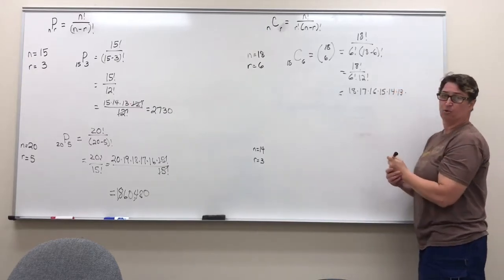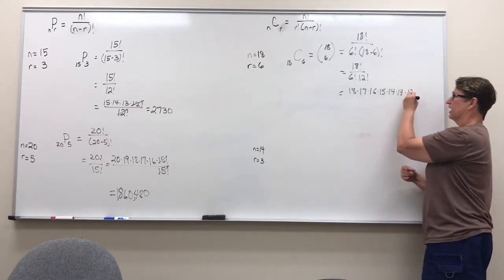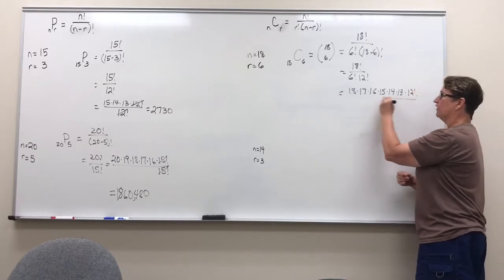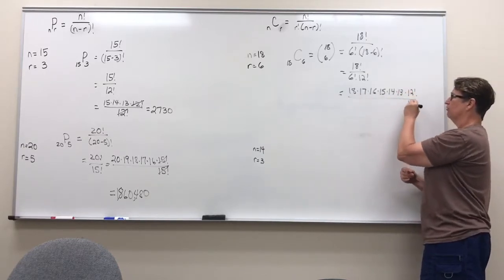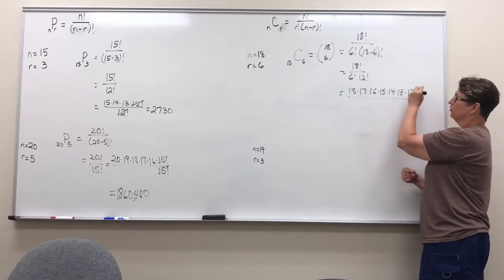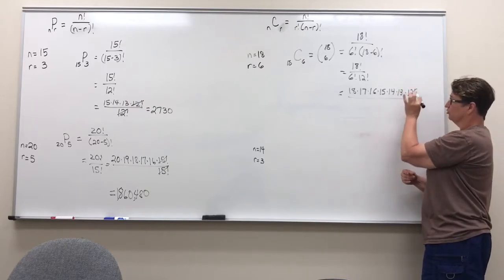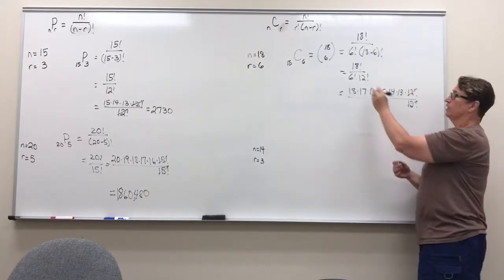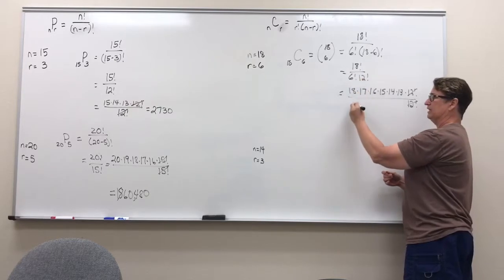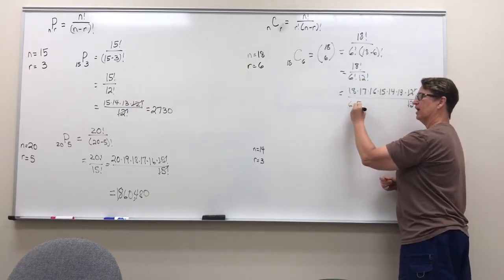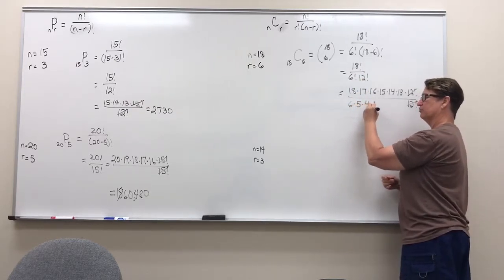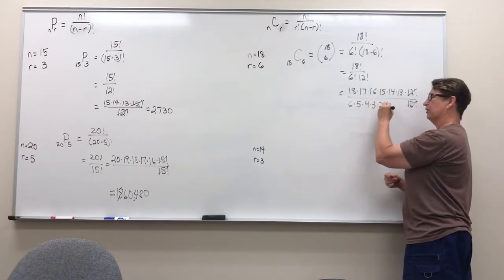When I get to this point, this 12 factorial, just like before, this 12 factorial here and this 12 factorial on the bottom are going to reduce to 1. 6 factorial means 6 times 5 times 4 times 3 times 2 times 1.